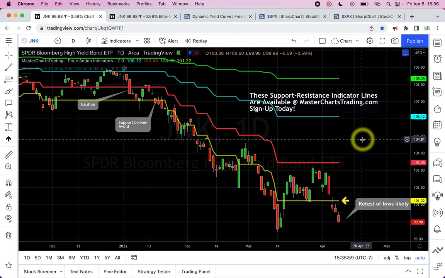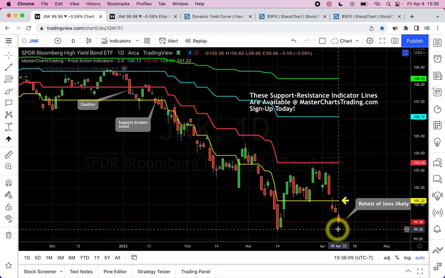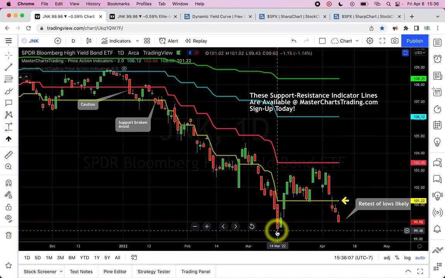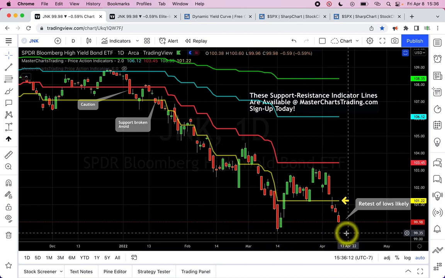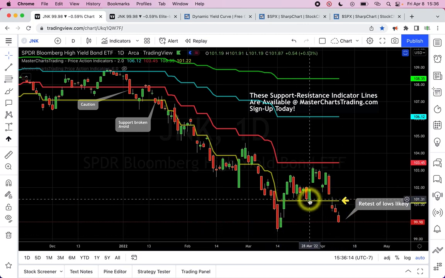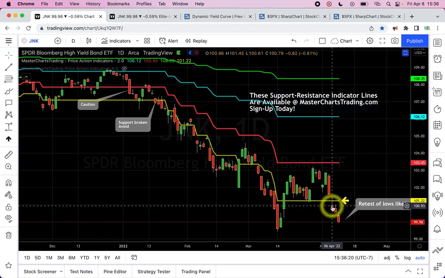It hasn't yet collapsed. So that's why I'm kind of cautious right now. I'm just not really sure what's happening, and I want to be very cautious at this point. So junk debt is most likely going to retest this low. It might hold or it might not hold. I thought that this level, the yellow line right there, on the 28th of March, held, but clearly it didn't.